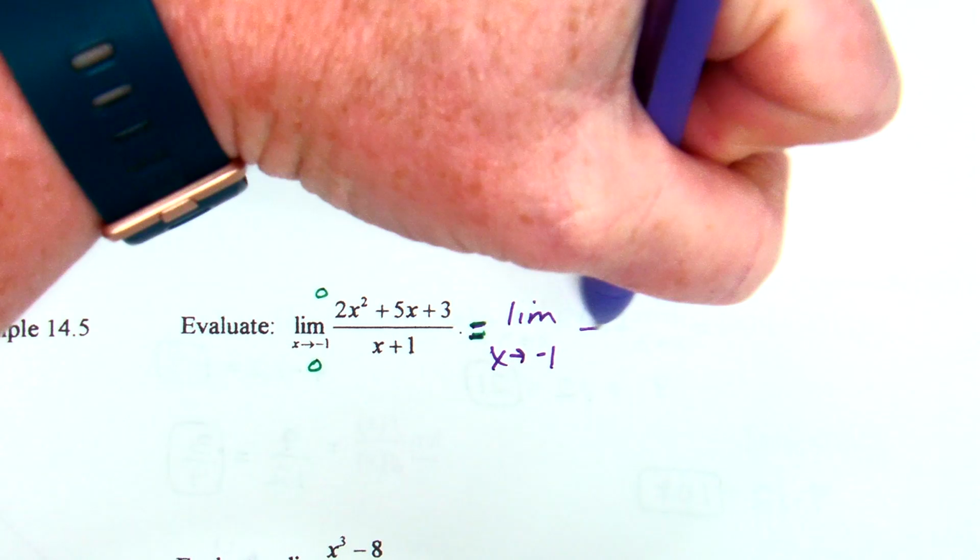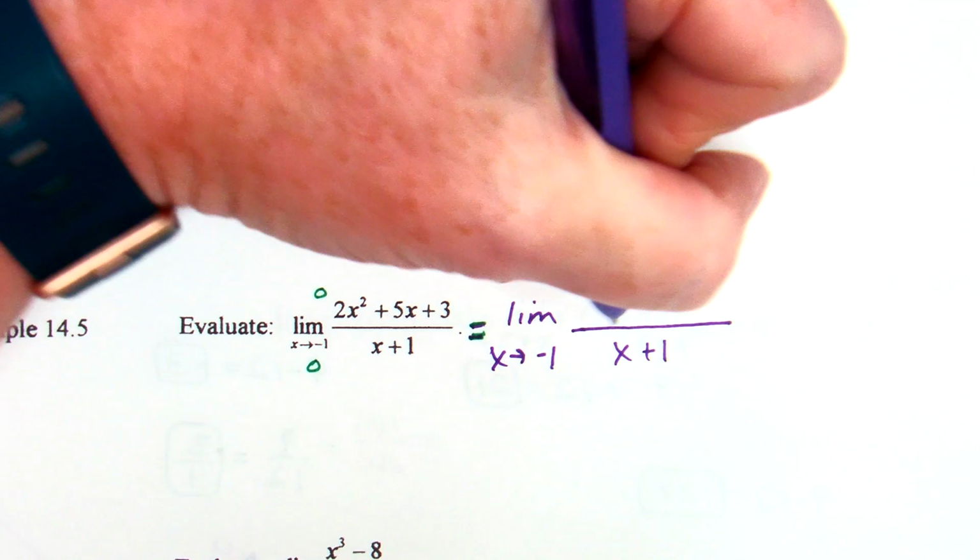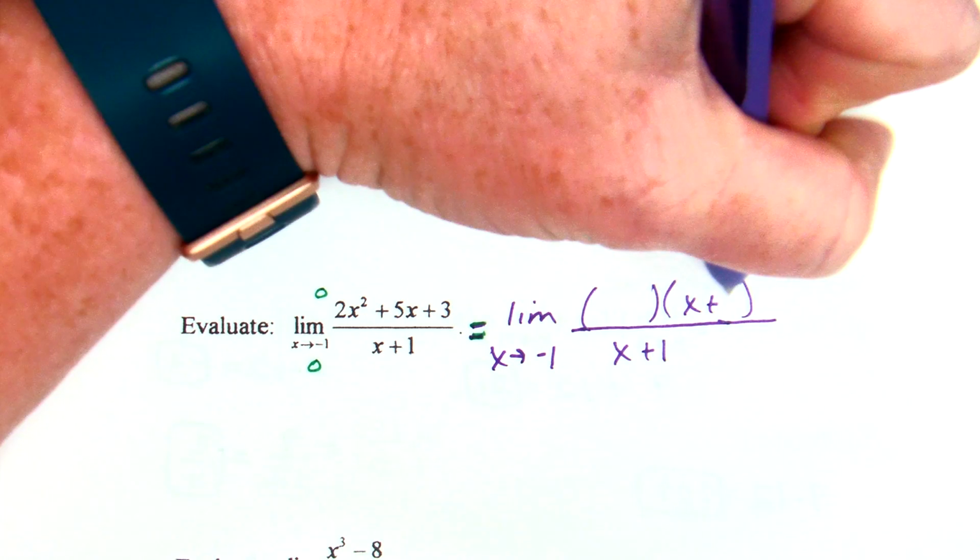Okay. Denominator is x plus 1. You want some reasoning from me? If there's an x plus 1 on the bottom, I'm not trying to use the words has to be, but there is likely an x plus 1 on top, right? So I'm going to go with one of my factors being x plus 1.